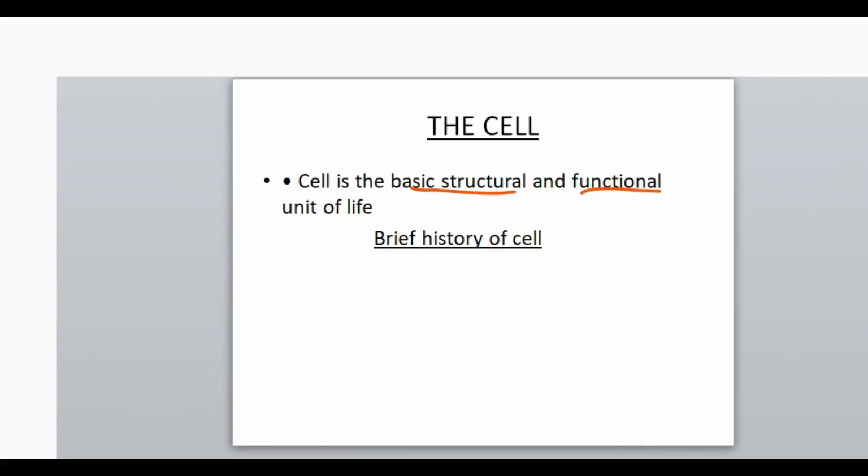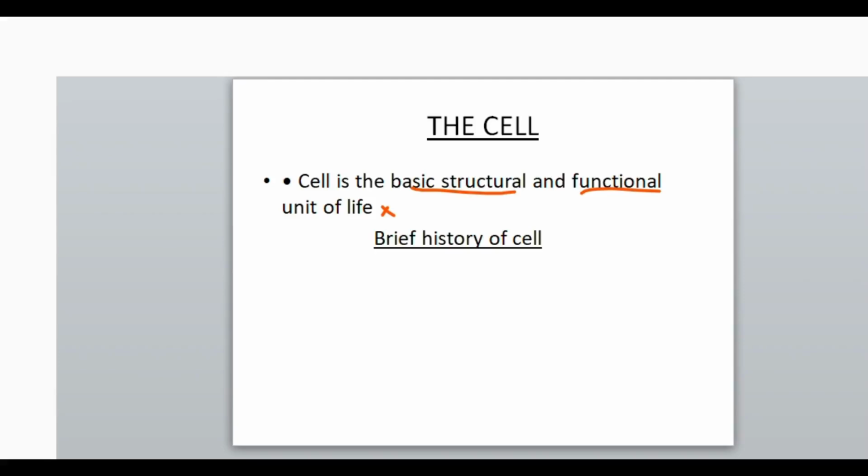By this definition, it means that every life comes from a cell, or every life is made from a cell. So life begins from a cell. That's what it means. Now you can remember that some organisms even live as a single cell, when you talk about amoeba, paramecium, or euglena.